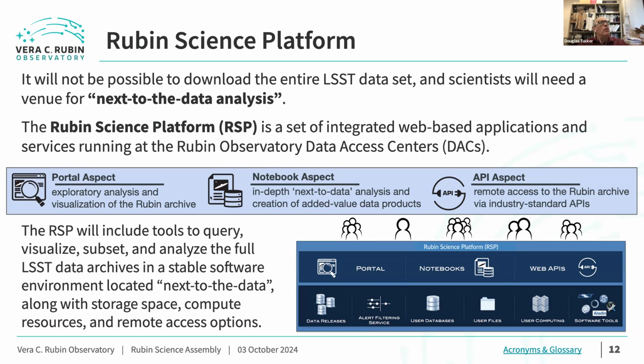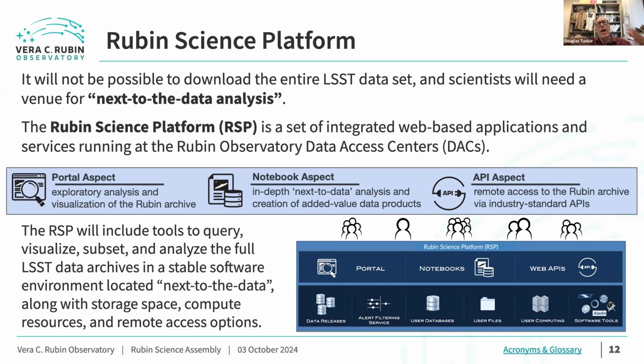It's composed of a portal aspect, where you can do exploratory analysis and visualization of the Rubin archive. The notebook aspect, these are Jupyter notebooks, where we can do in-depth next-to-the-data analysis and creation of value-added data products. And there's the API aspect, which is a little bit against the grain of the main idea of taking the analysis to the data.